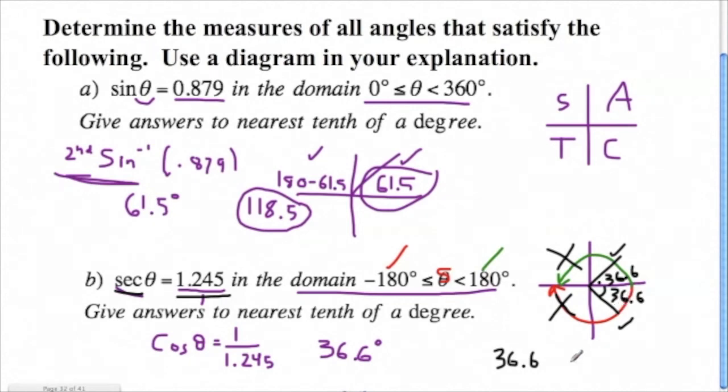So that means if it's going backwards, or going clockwise, it's negative 36.6 degrees. Put little degrees up there. And my two answers are right there.